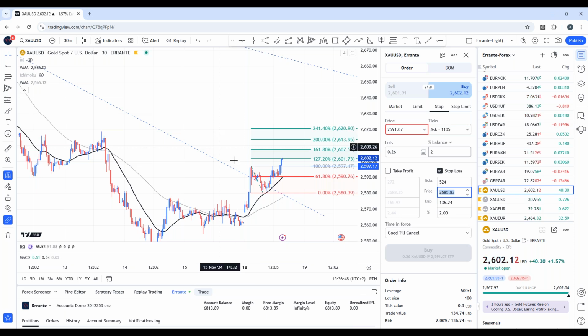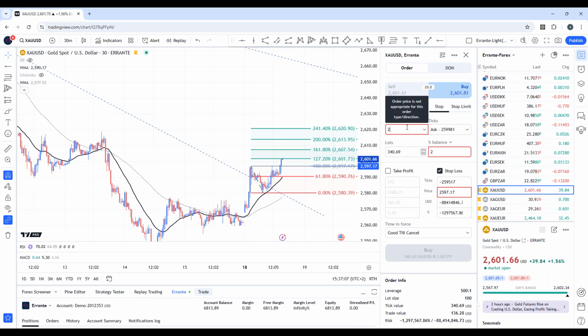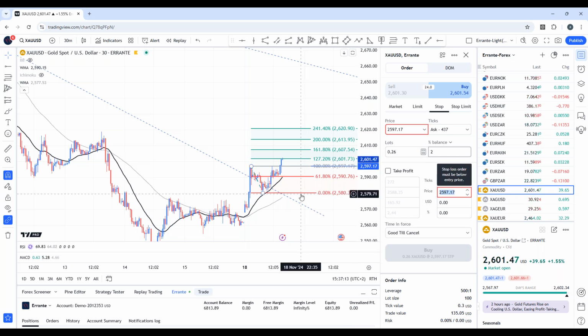Let's assume that we had this level in mind to enter the market, 2997.17, okay, for a buy. Sorry, for our entry, okay, let's say 2597.17, and here we are going to set our stop loss at this last market bottom here.